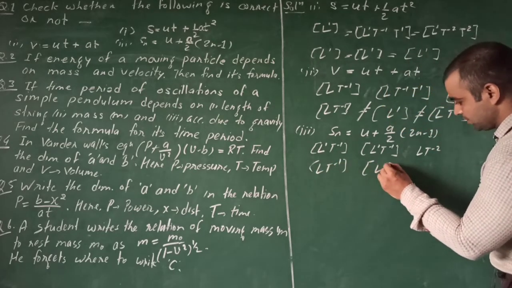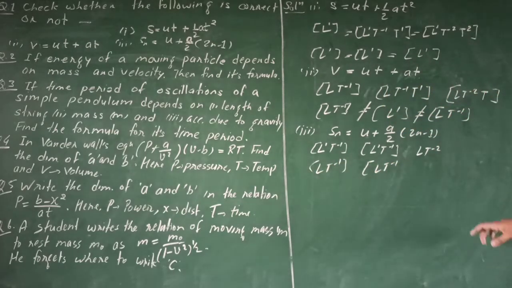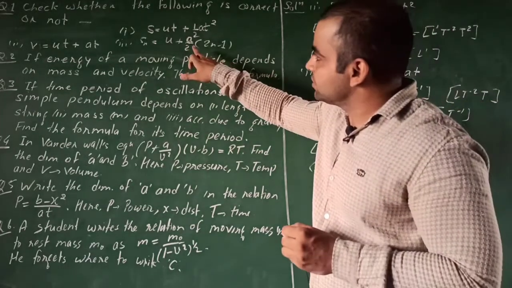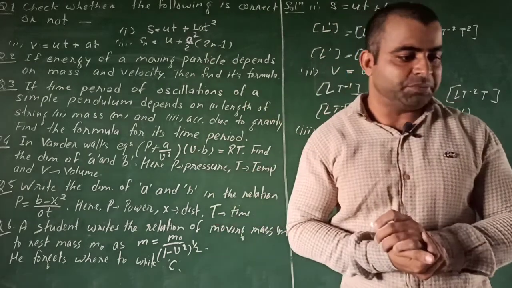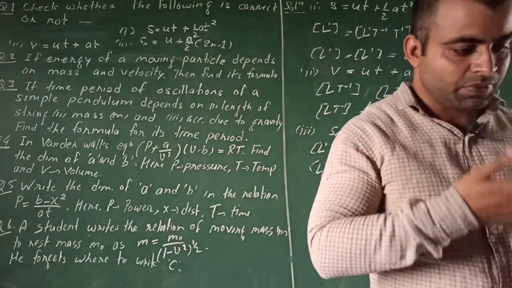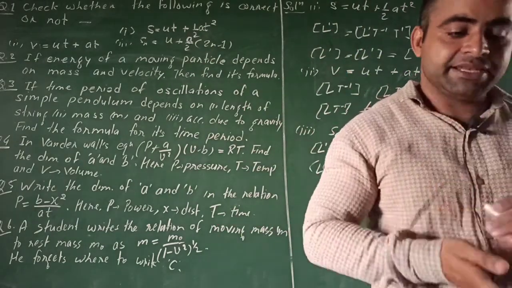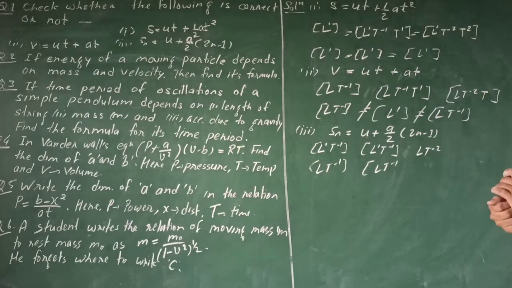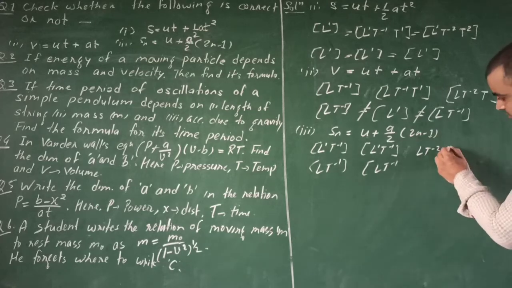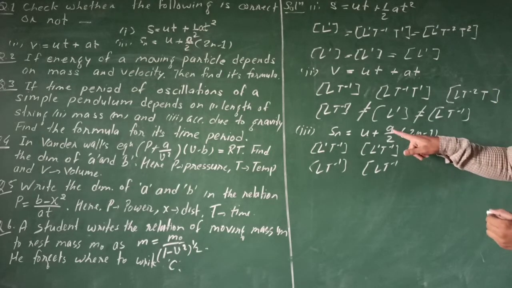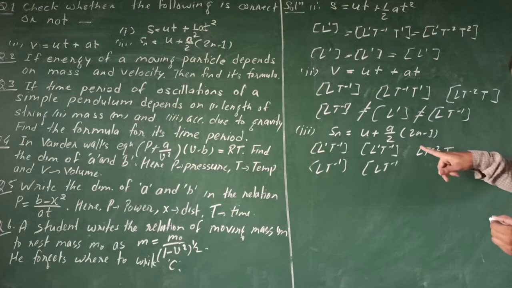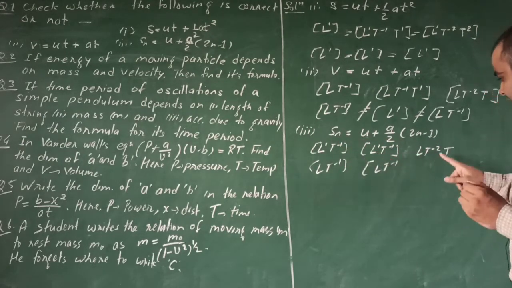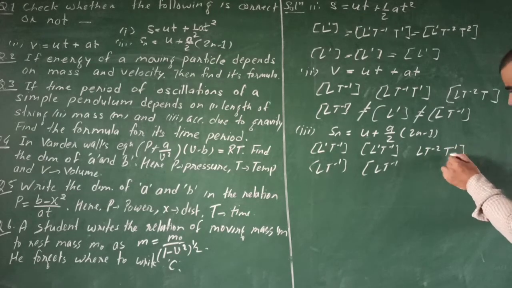Here L t minus 1, and this is given as u plus a by 2 into 2n minus 1, where n is the time. So write for this also. For acceleration L t minus 2, and n is the time.